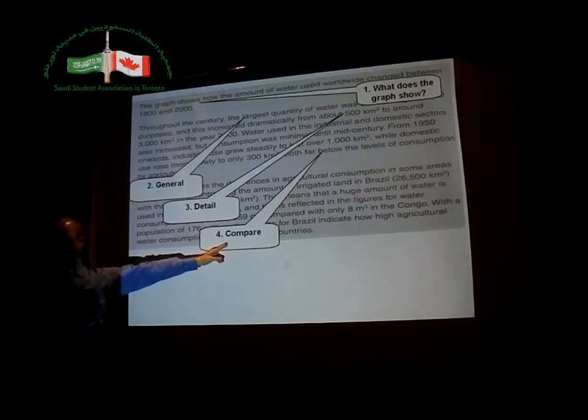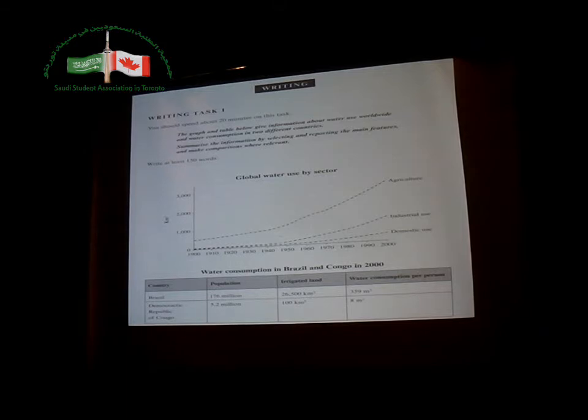Going back, we're going to repeat this because we now have the table as well. So next, a sentence showing what the table shows. General sentence: a huge amount of water is used in agriculture in Brazil. Just a lot. It's very general.